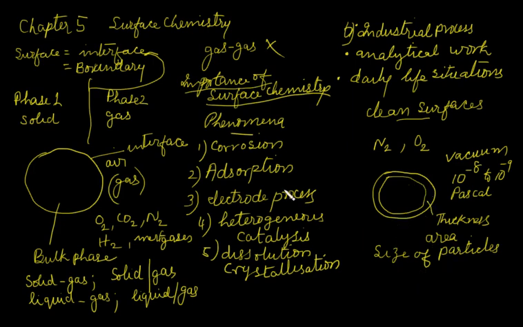Now, though there are a large number of important phenomena taking place on the surface of substances, in this chapter, we will be learning adsorption and catalysis. Along with this, another topic, colloids.